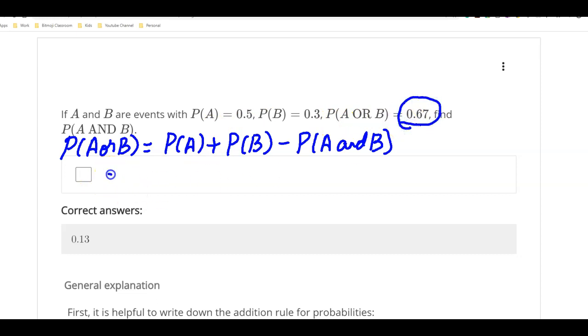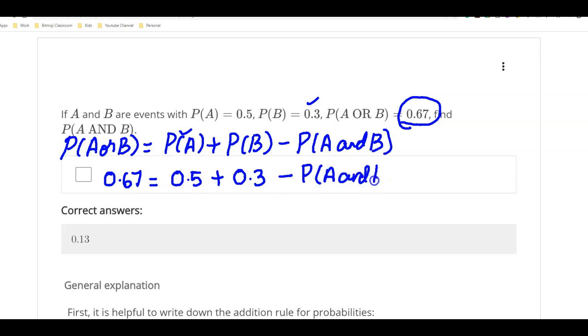Yes, I do. So 0.67 equals, do I have probability of A? Yes, I do. 0.5 plus, do I have probability of B? Yes, I do. 0.3. Do I have probability of A and B? No, I don't. That's what I'm trying to find. So let me go ahead and add these two, order of operations.